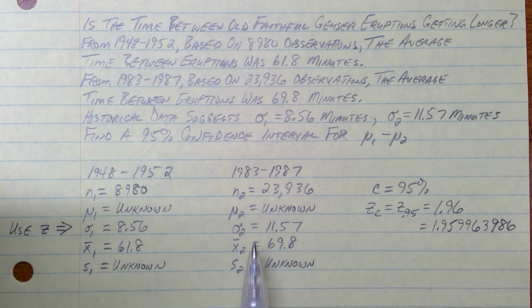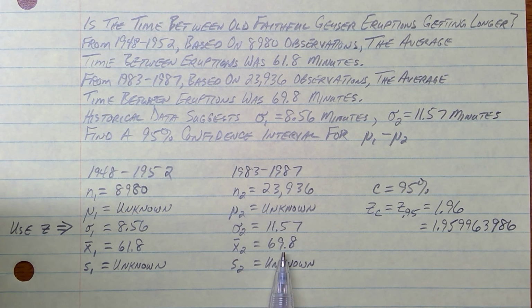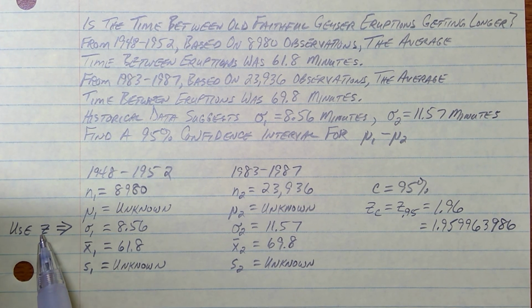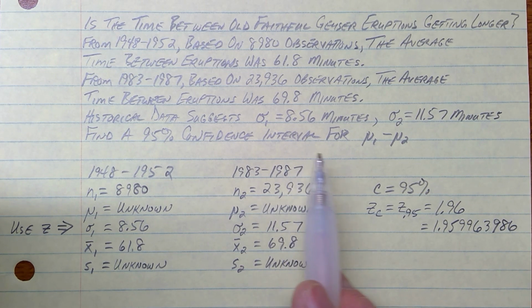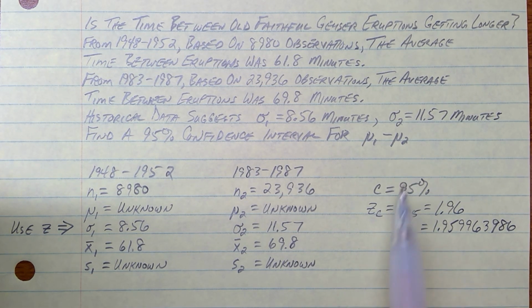And our sample, based on these 23,936 observations, our sample average was 69.8 minutes in between eruptions. And then our sample standard deviation, again, is unknown, but we don't need it if we're using the z-score in our calculations. They told us find a 95% confidence interval for the difference between the two population means.